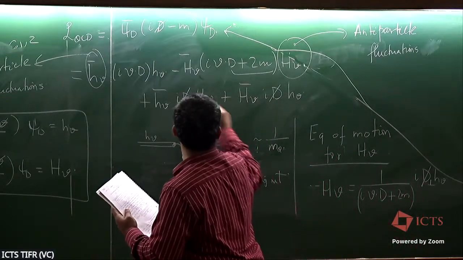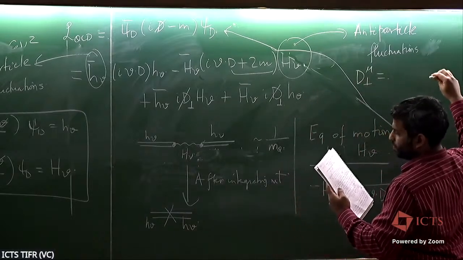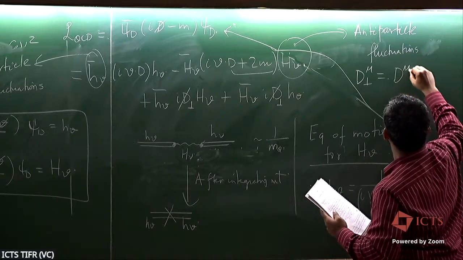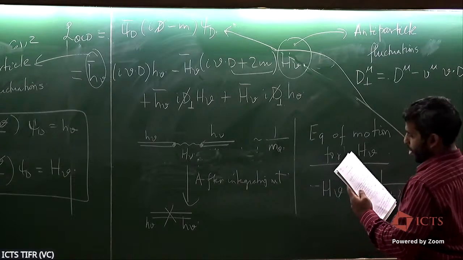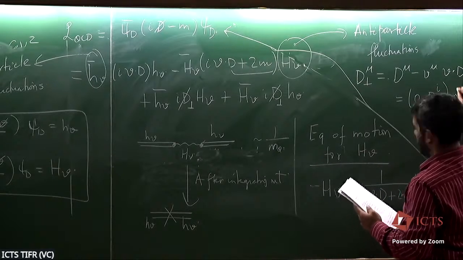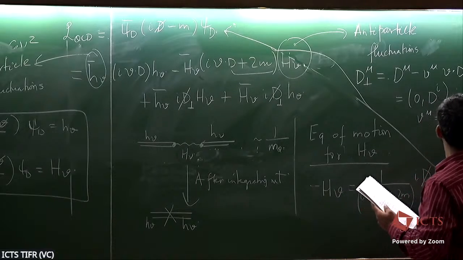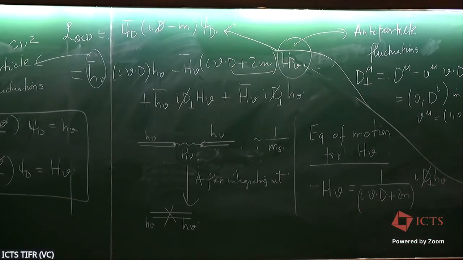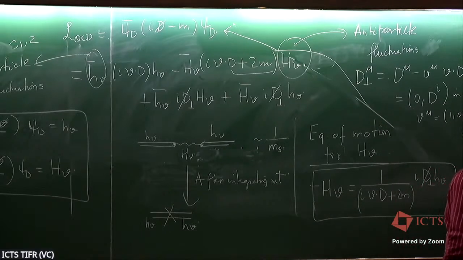So d slash perp equals 0 in the rest frame, which, as we saw yesterday, also goes like order 1 over m.